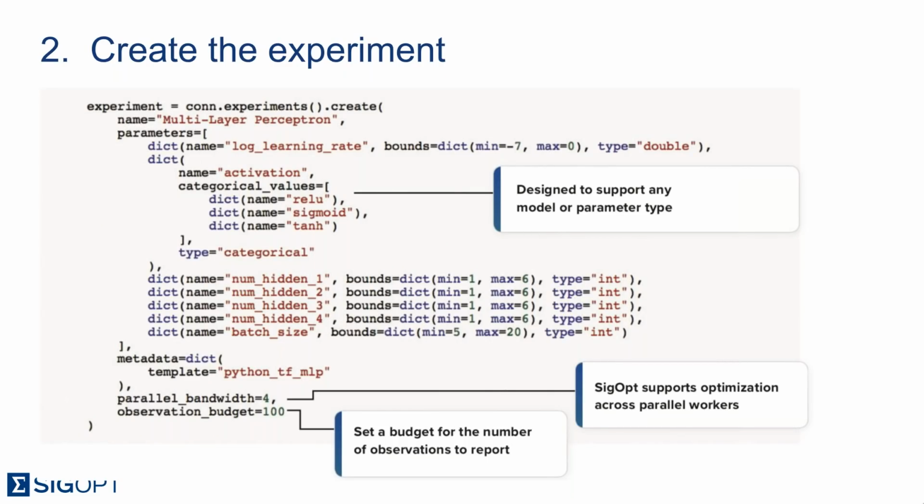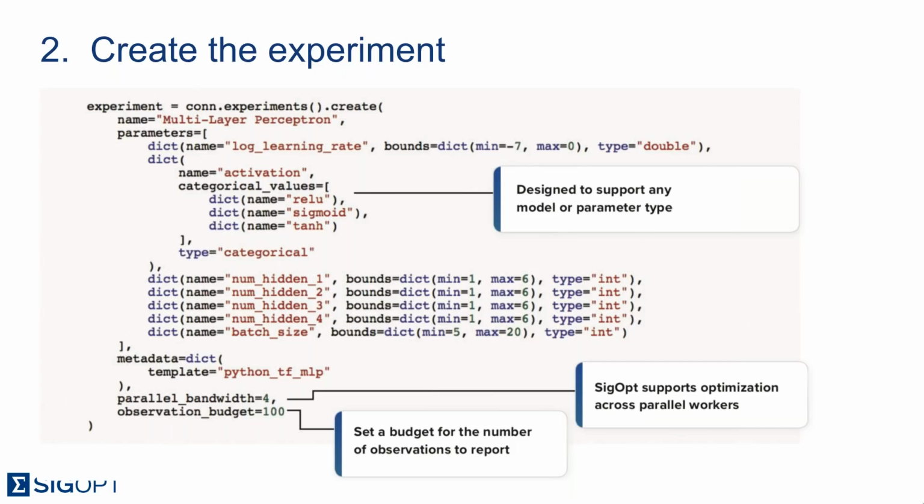Secondly, your developers will create the experiment, defining the parameters that they want to optimize. We support any parameter type, like continuous parameters, which are real numbers, integer parameters, such as 1, 2, 3, 4, etc., or categorical parameters, where you're choosing from a list of predefined values.